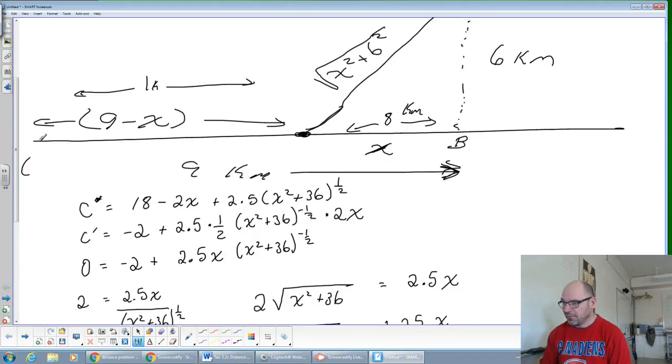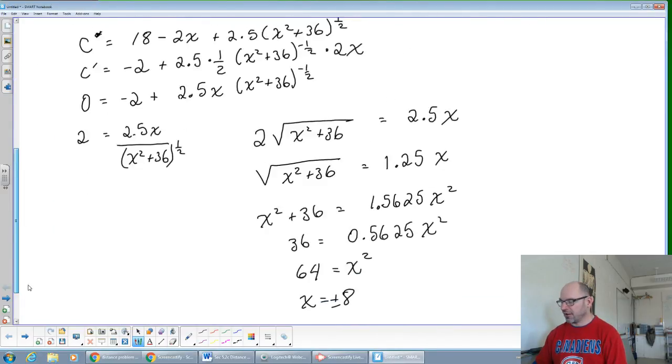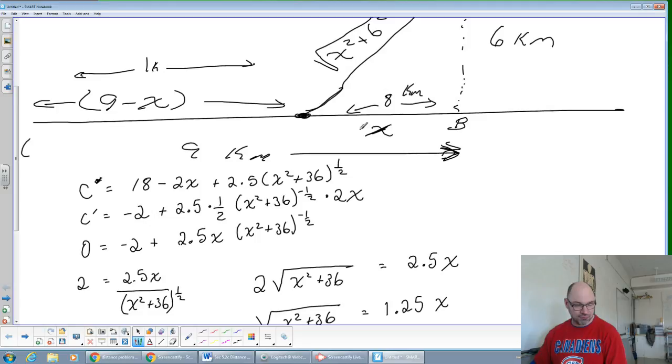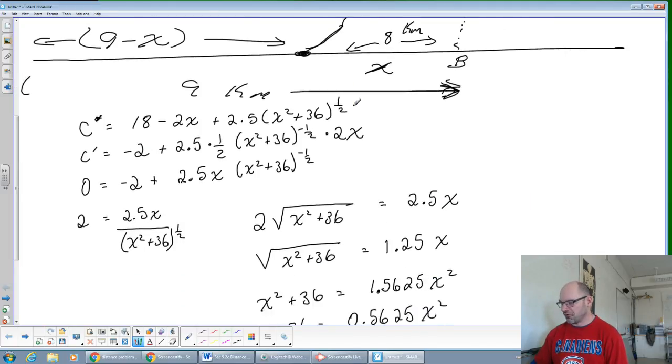So honestly, the answer should state that you go and then you walk 1 kilometer, then you go across. I think it said 8, so it's 8 kilometers from point B. So that's probably a miswording of the answer there. When Mr. Friesen solved that one, he put this answer down, but realistically, it should say 8 kilometers from point B is where you should cross the water.